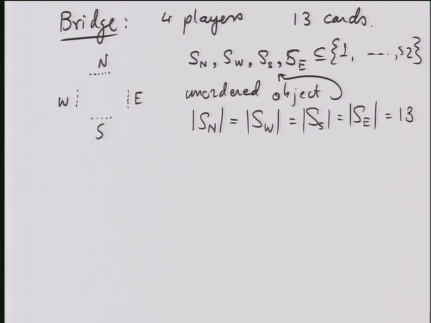So this is what our unordered objects look like. What does the ordered object look like? Well, what we do is take all the cards in each set and place them in a certain order, in the order in which they were dealt.